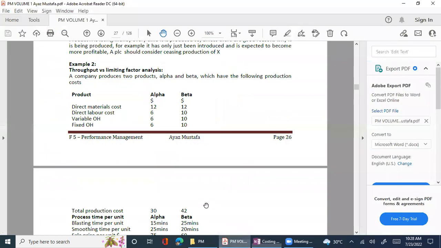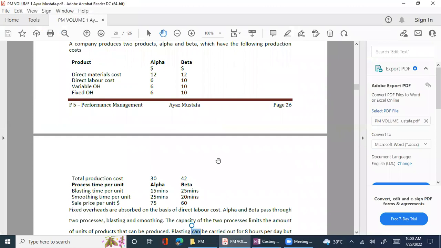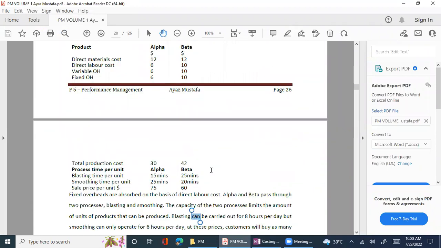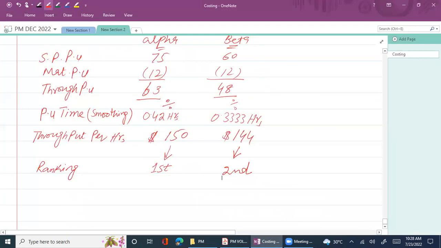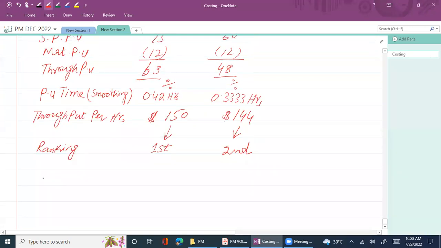And how many units of alpha can I sell? The question indicated any number of units, so we will be producing only alpha. If I produce alpha, how many production units can I produce? Smoothing takes 0.42 hours, so how many units can I produce per day for alpha?